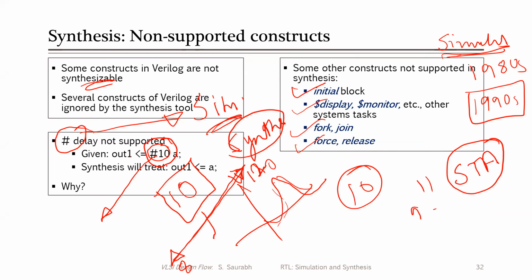So the simulator will take a delay of 10, but what will synthesis do? Synthesis will simply ignore it. Okay, it will simply ignore this delay of 10 and treat that statement as out1 is assigned a value of A. So these delays are not supported in synthesis. They are supported in simulation, but ignored in synthesis. Okay, any questions?